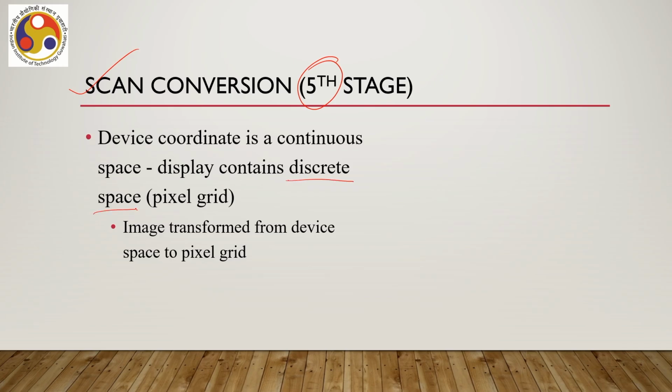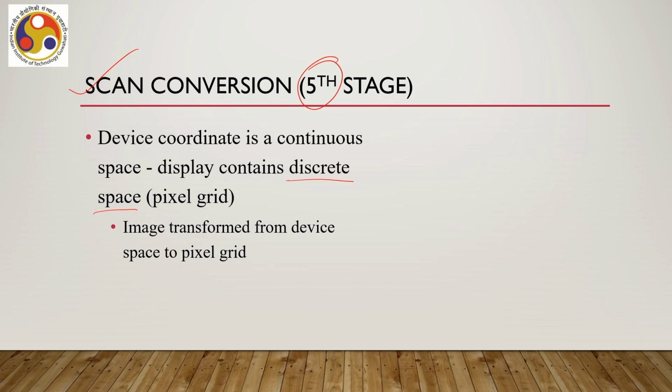So, essentially the device coordinate ideally should be a discrete space, whereas in our earlier projection we have assumed, earlier transformation we have assumed that from 3D world coordinate scene we are transforming to a device coordinate space which is a continuous space. That means any point can take any real number as its coordinate. However, when we are actually rendering it on a pixel grid, we know that only integer coordinates are allowed because it is a discrete space.